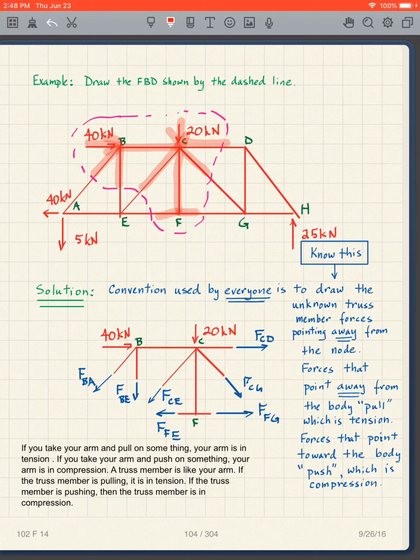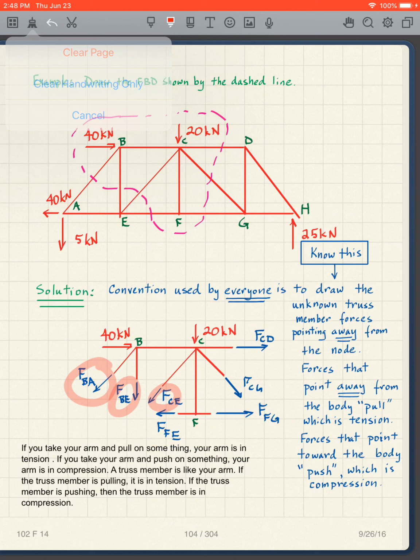I can use the copy and paste function, but you have to end up with exactly, to get the beginning of your free body diagram, you have to put down exactly what's there, what's contained within this dashed loop. Okay, and then once again, you draw exactly that, and then you put and label the forces going away from the member.